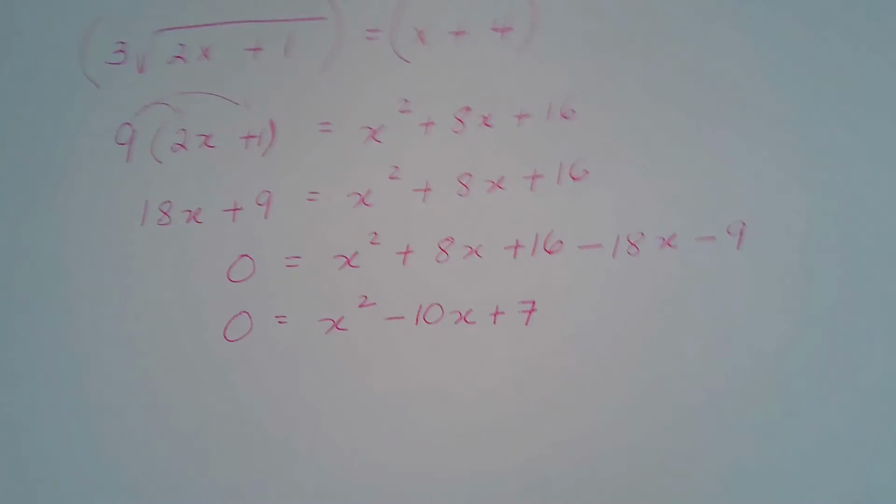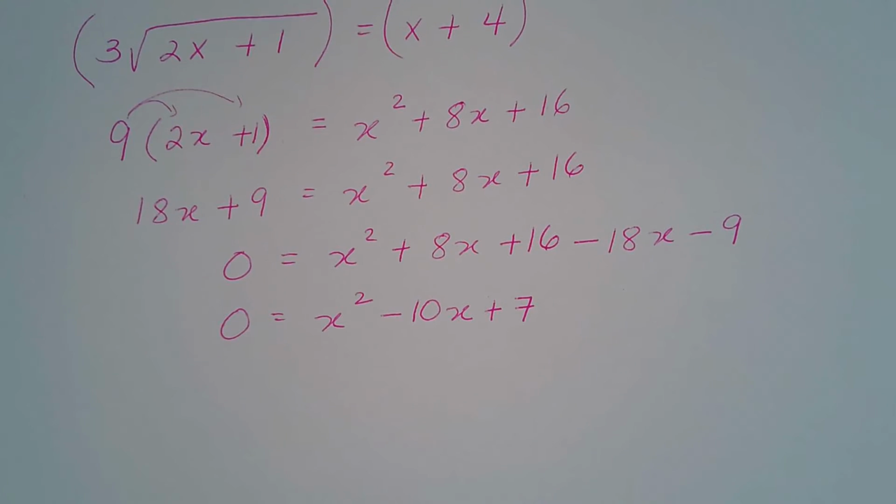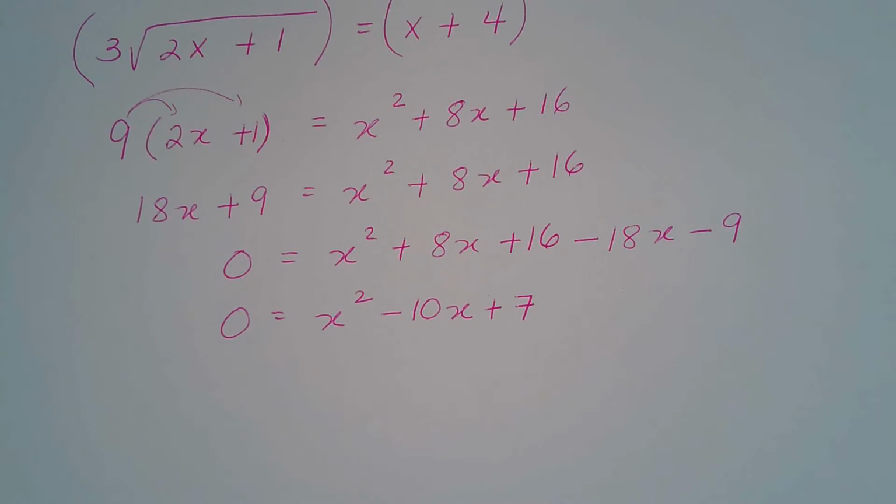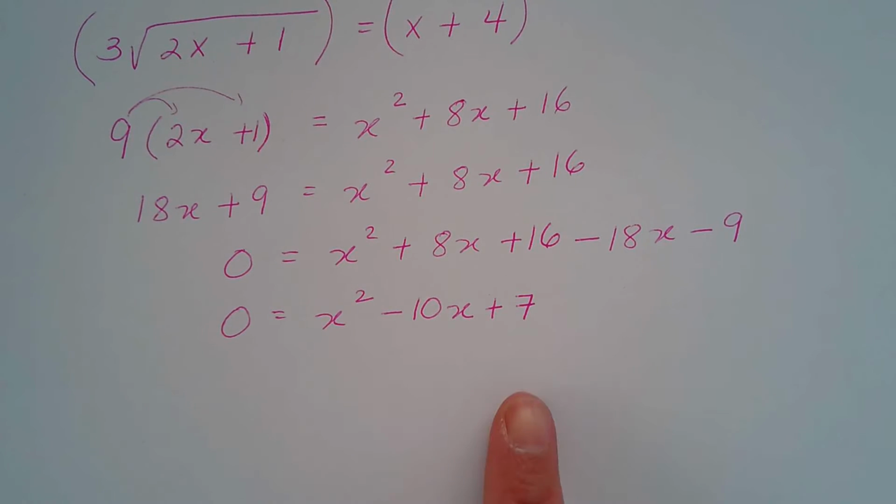Okay. Now looking at this one, can we solve this by factoring? No. Okay. How do you know no? It's not factorable. How do you know it's not? The odd number, right?